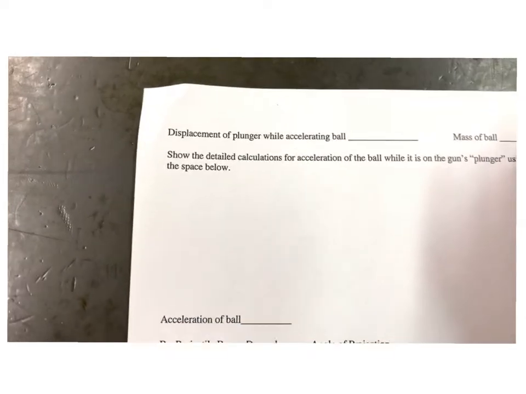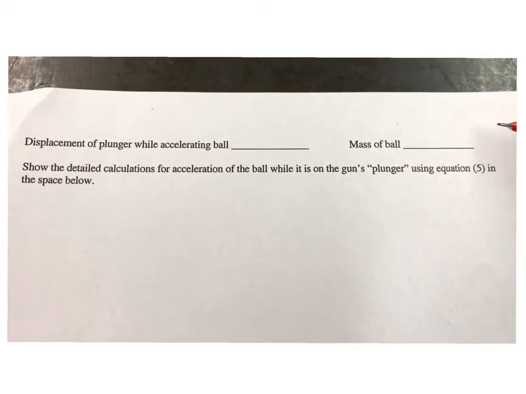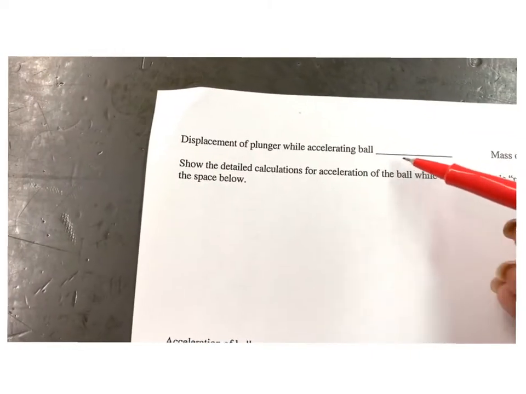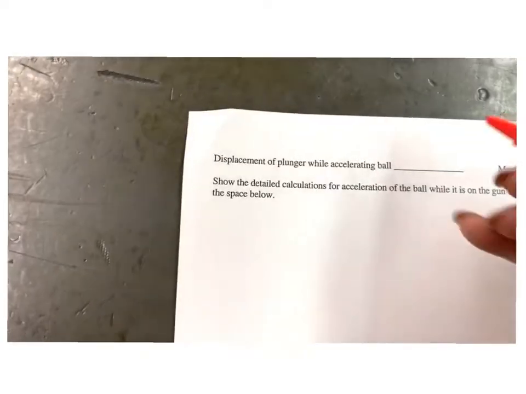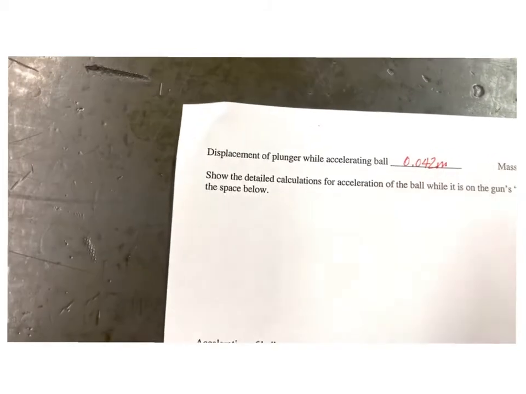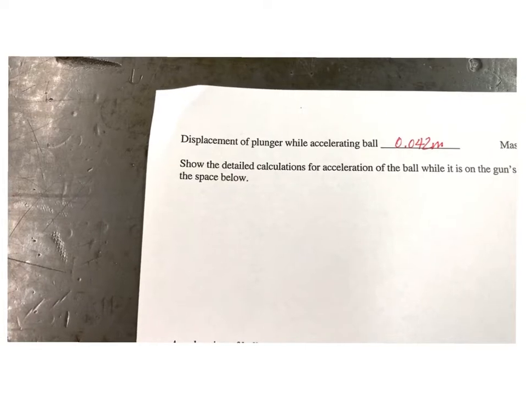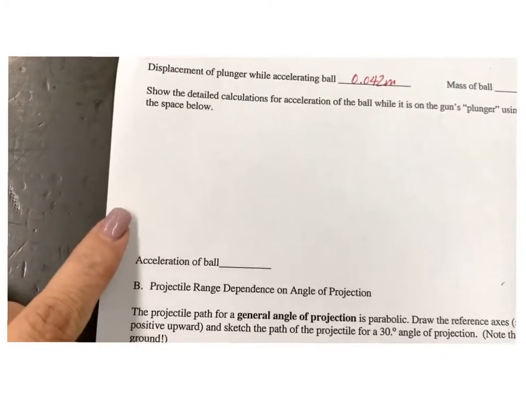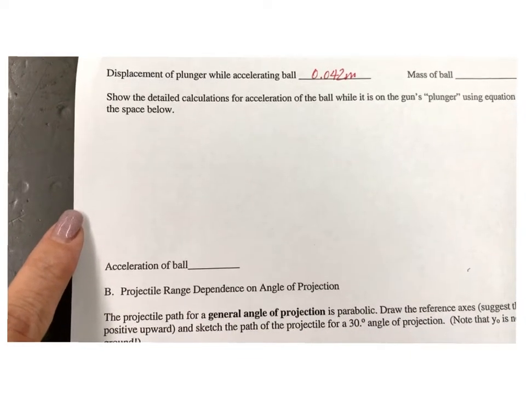We look at the mass of the ball, and we have the reading for that from the video clip of massing the ball, and then measuring how far we pressed the plunger back, this dimension, was 4.2 centimeters or 0.042 meters. This is what you can now use to find the acceleration that happened in the actual compression gun.